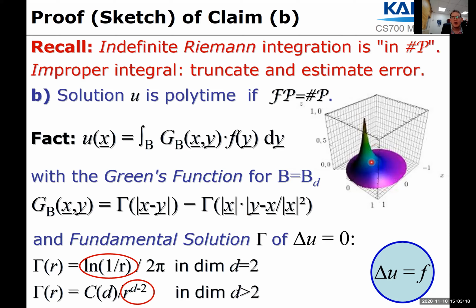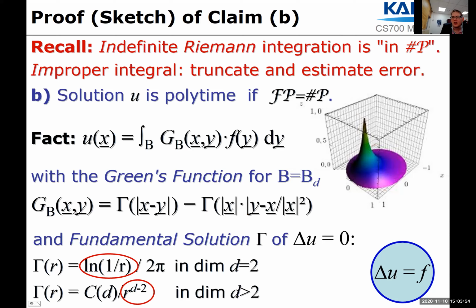It's a limit of a sequence of truncated integrals. And we know that with limits, we have to be careful because limits can leave even the realm of computability, not to mention polynomial time computability, according to Specker's example. So what Florian did in order to establish that also this particular improper integral is indeed computable in sharp P is he would truncate the integral.